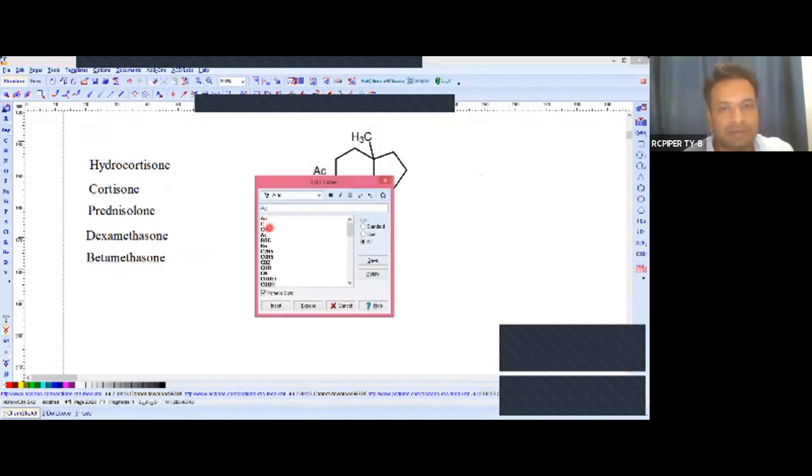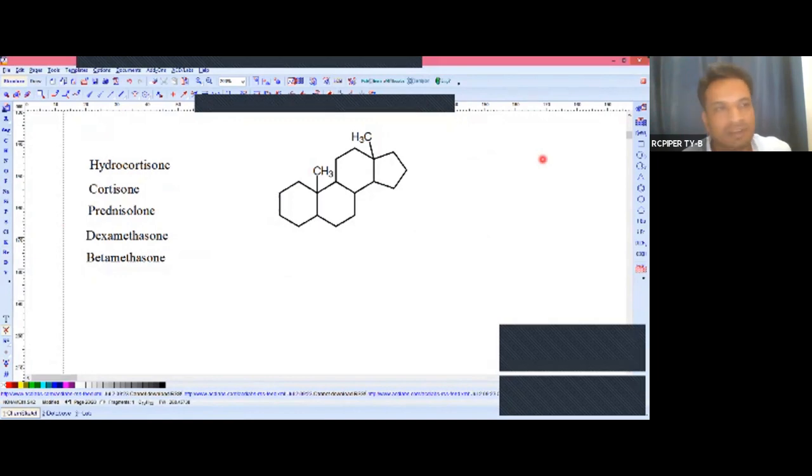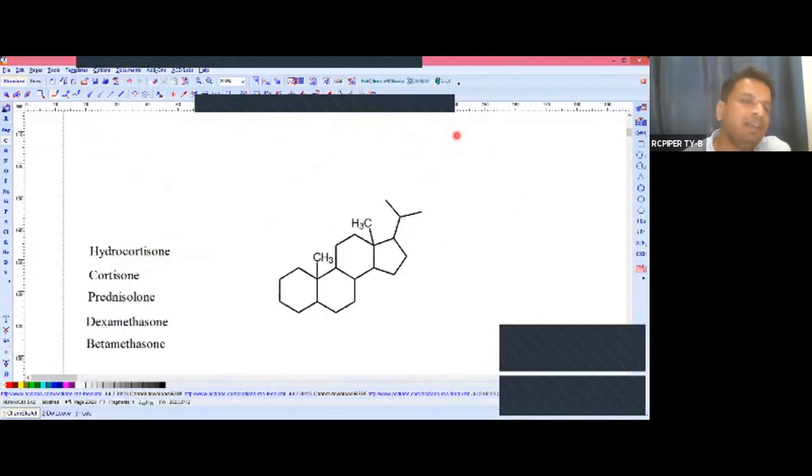Now carbon number 17 is substituted with carbon number 20 and 21. Now if we look at the structure of progesterone, the carbon number 20 is converted to a carbonyl carbon, so it is doubly bonded to oxygen, and that same thing is written in hydrocortisone.